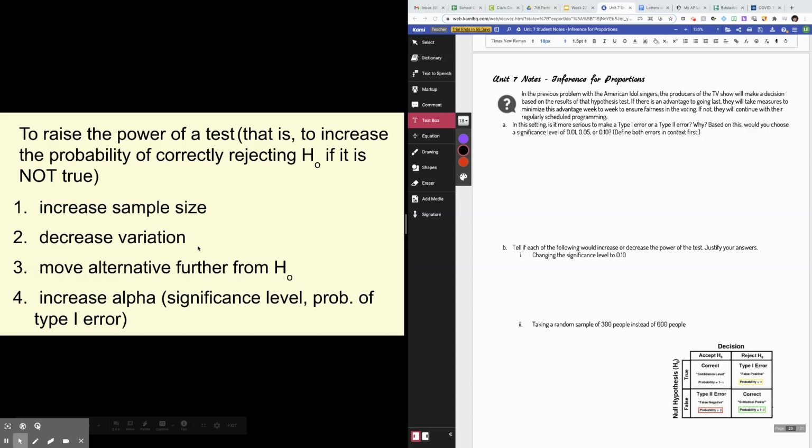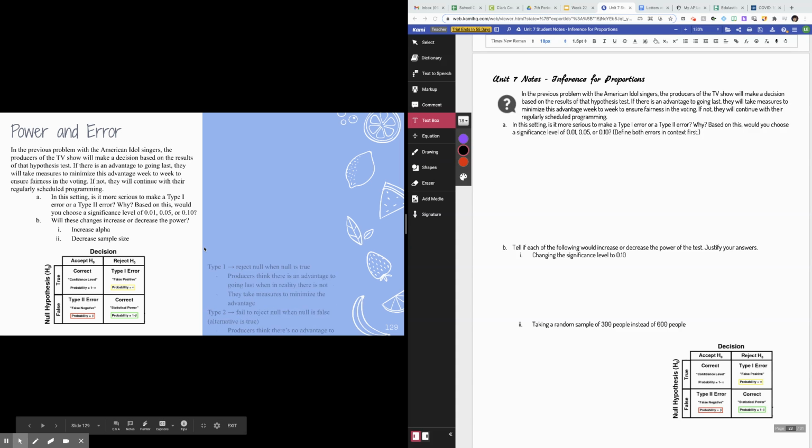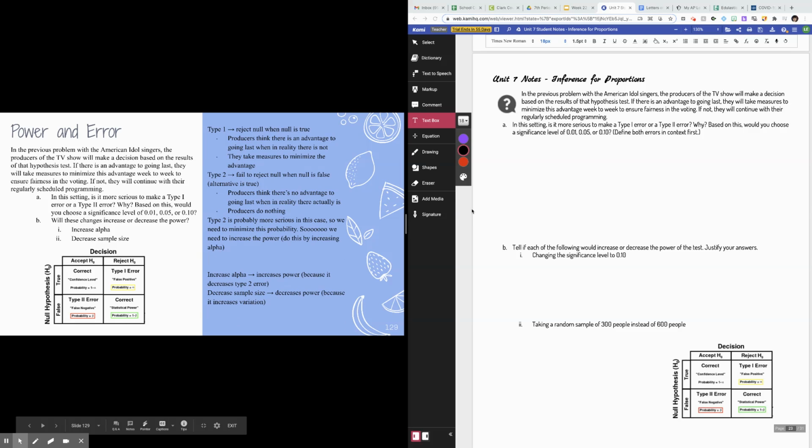Okay, so one of the problems that we did when we were talking about hypothesis tests was the American Idol singers. Remember those TV shows where they thought, oh, there may be some advantage to going last, right? So as TV show producers, they are going to make a decision based on the results of your statistical test, right?